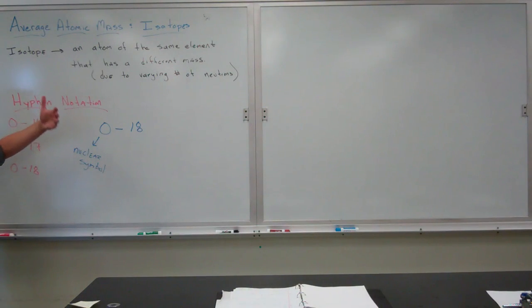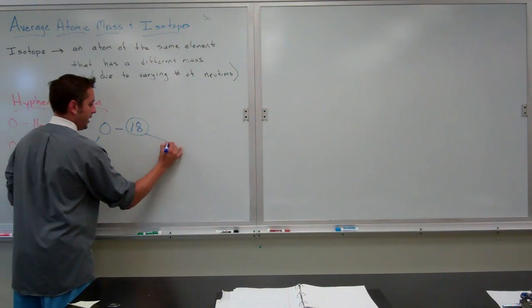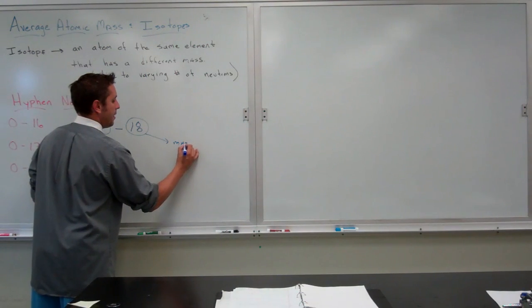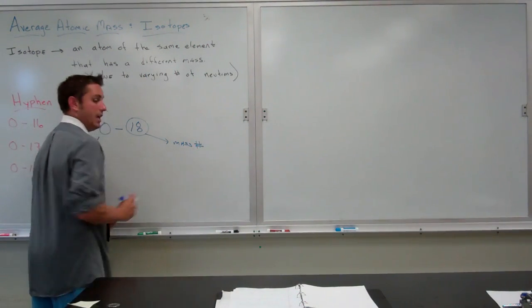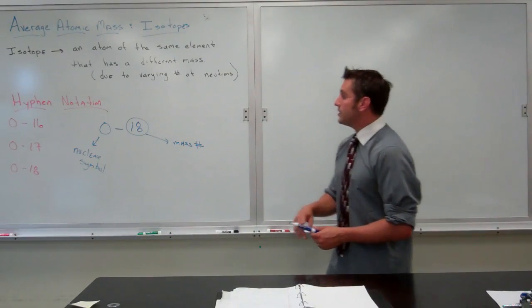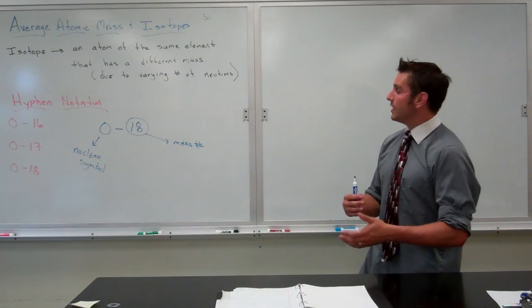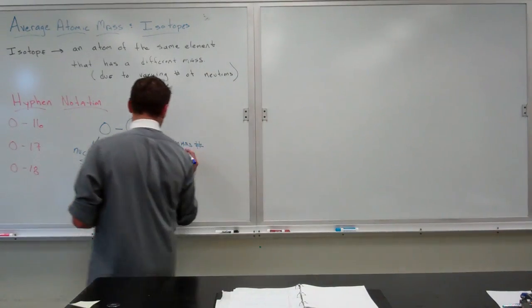Oxygen's atomic number is 8, so it has 8 protons. This number here is the mass number. And if you remember from learning how to calculate protons, neutrons, and electrons, the mass number is the protons plus the neutrons.